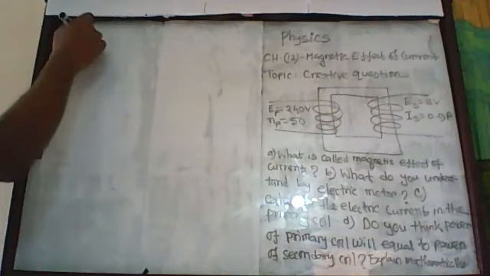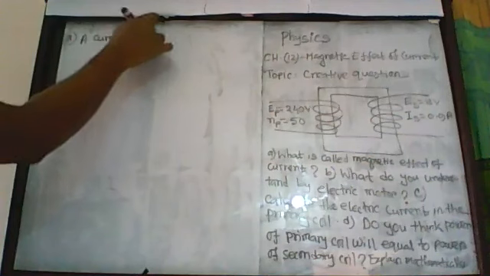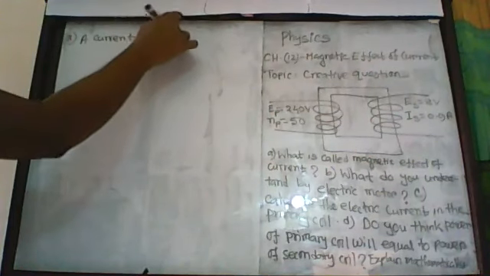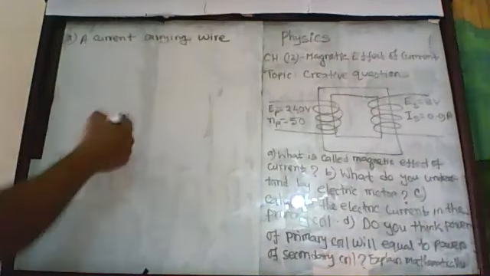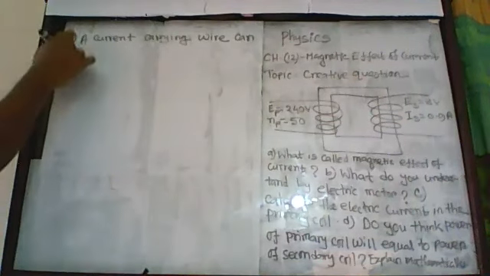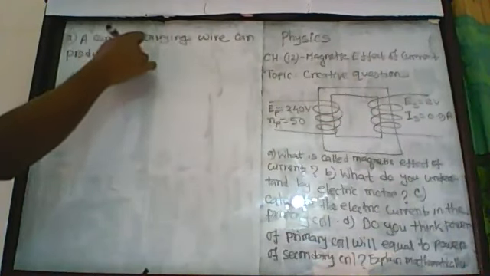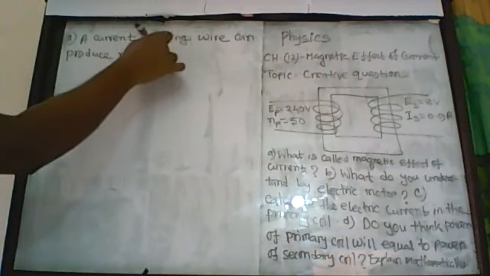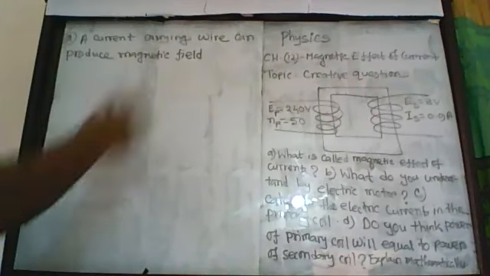So I can say that a current carrying wire can produce magnetic field around it.